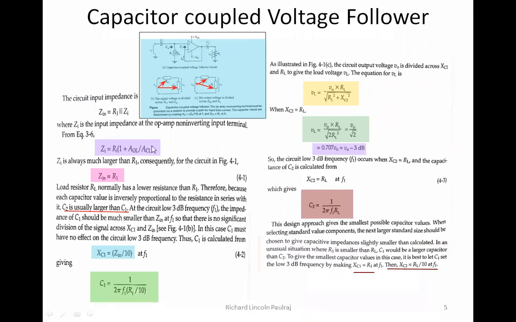Okay. So the one thing that you'll have to remember is the formula for C1, formula for C2, right? And of course, you need to know these conditions, when XC2 is equal to RL. And initially you'll have to know this also, ZI and Zin, C1, C2.